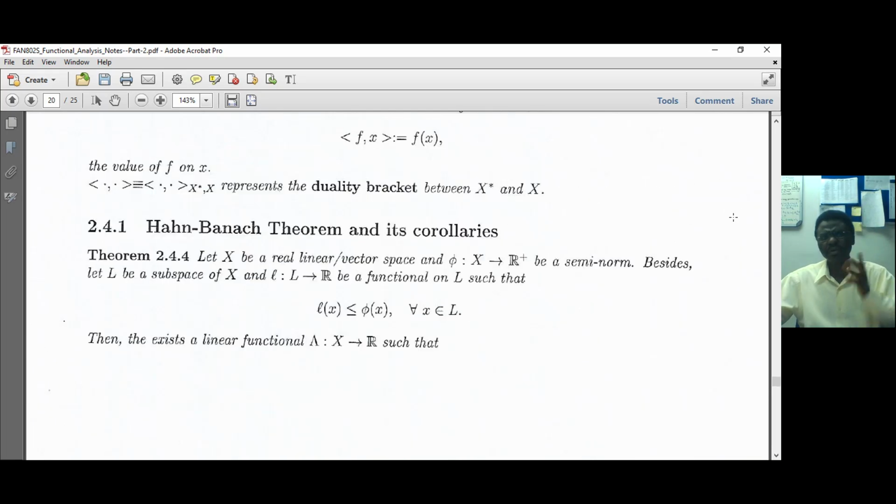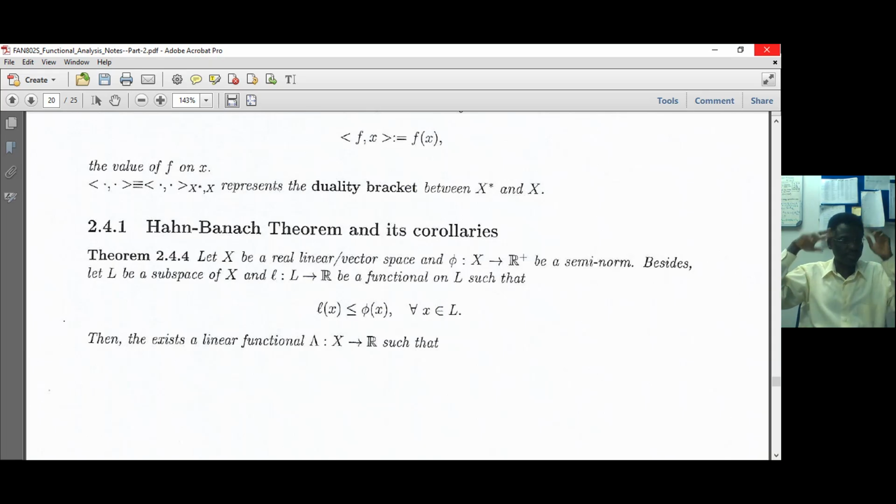If you recall, in the previous lecture I mentioned this fact about Hahn-Banach, where you have a function defined on, let's say, a set A, and you want to extend it in such a way that the original and its extension have the same norm.